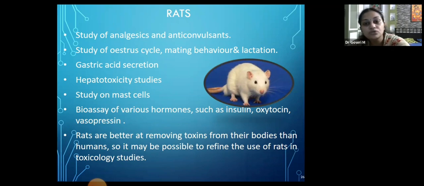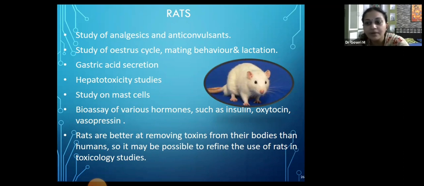Or if you want to study the anticonvulsant action of Kupilu in comparison to the anticonvulsive drug used in modern medicine, then you can take rat as the model, because neuroendocrinology is more or less comparable between rats and humans.